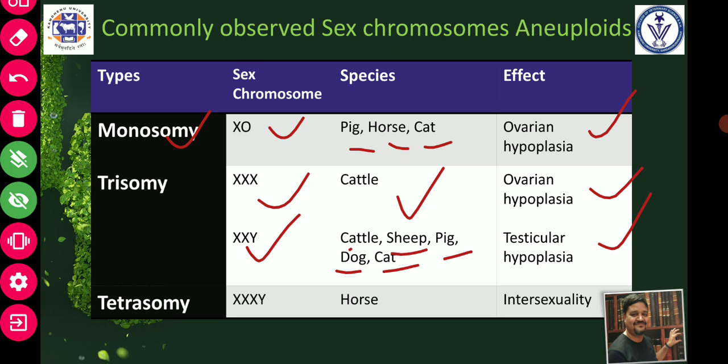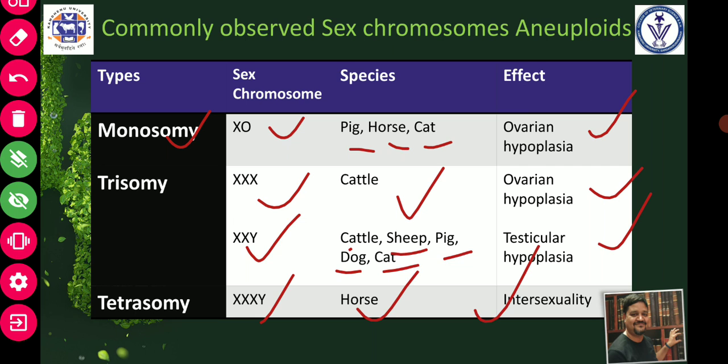When the extra X chromosome is in male, it will cause testicular hypoplasia, whereas if it is in female, it will cause ovarian hypoplasia. Then tetrasomy means two extra X chromosomes. It is observed in horses, and it will cause intersexuality. So these are the commonly observed sex chromosome aneuploids in animals.